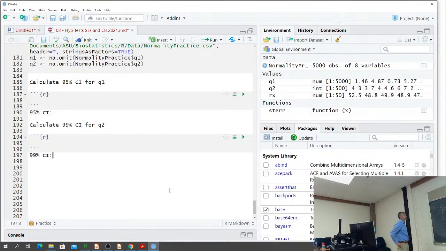So since these are vectors, go ahead and calculate the 95% and the 99% confidence interval. And now we should all get the same answer, since we're using the same vectors.